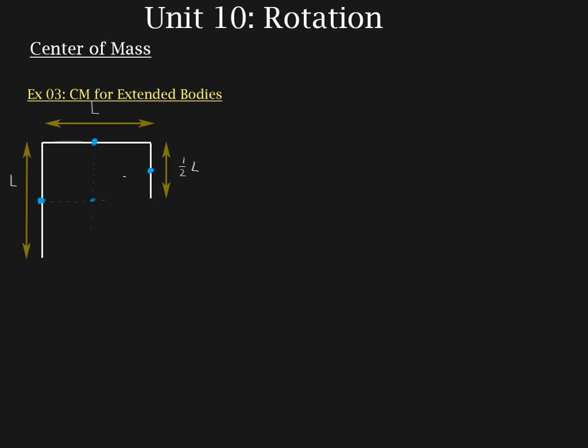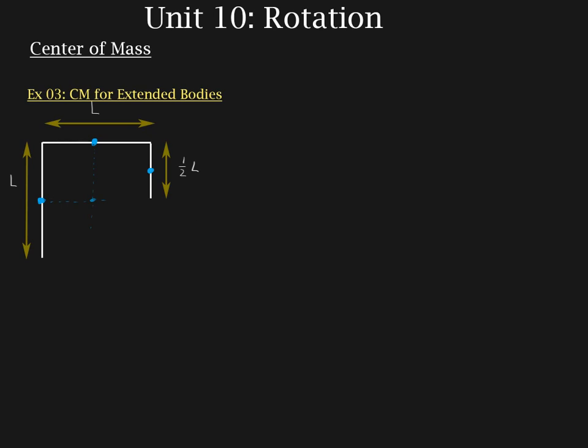And it's located further out, so it's going to pull the center of mass more to the right. And then, of course, because there's no bottom half, it's going to pull the center of mass up. So we would expect the center of mass for this whole wire arrangement to be located somewhere in this upper right quadrant that we have here with that piece of wire.